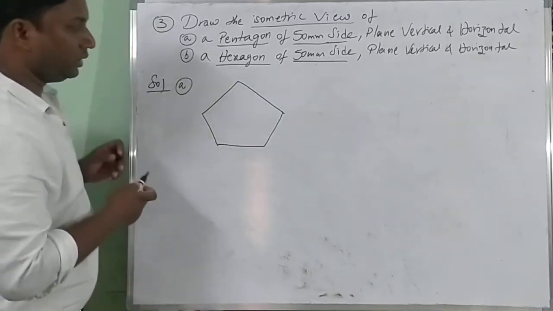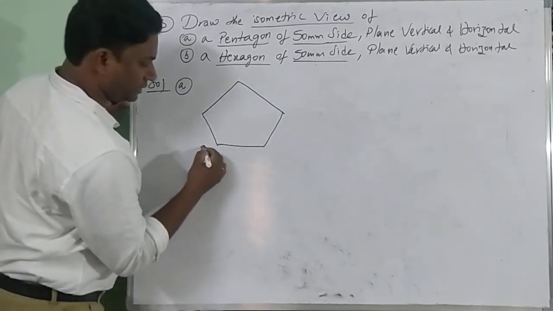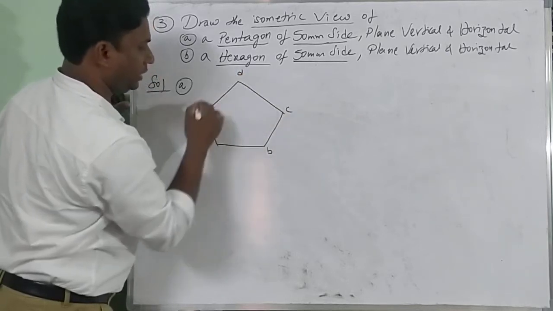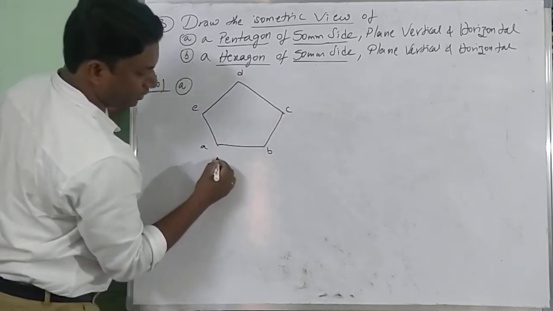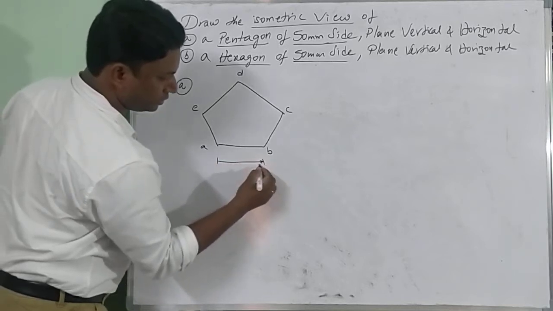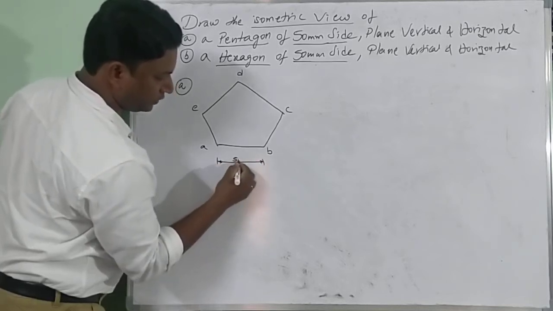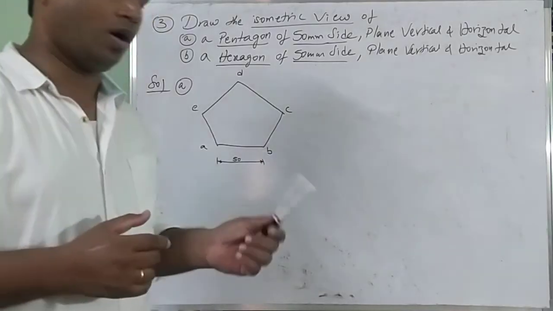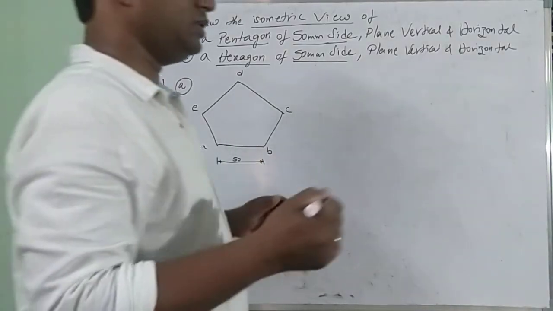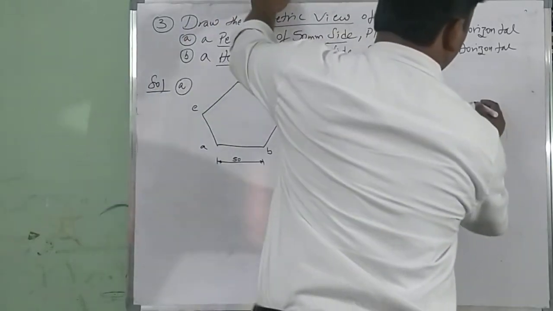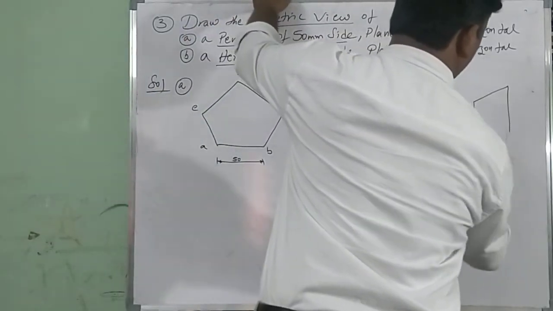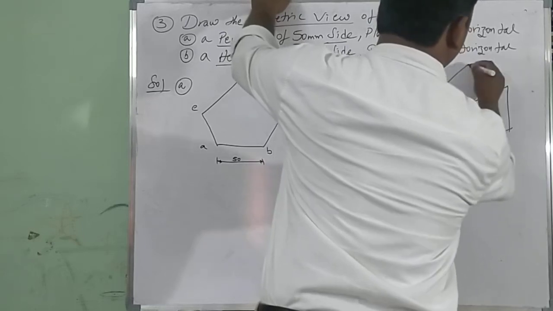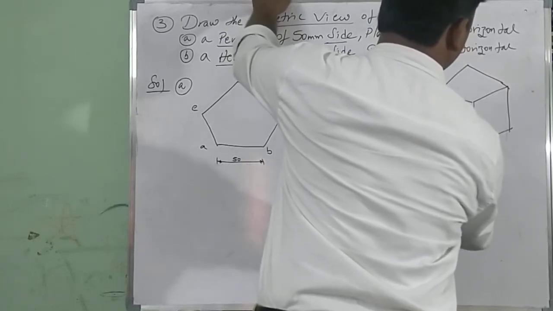This is the original pentagon with the labeling as A, B, C, D, E, dimension 50. Now, as per our concept, the principle of isometric projection, we are supposed to use 3: iso right, iso left, iso top.